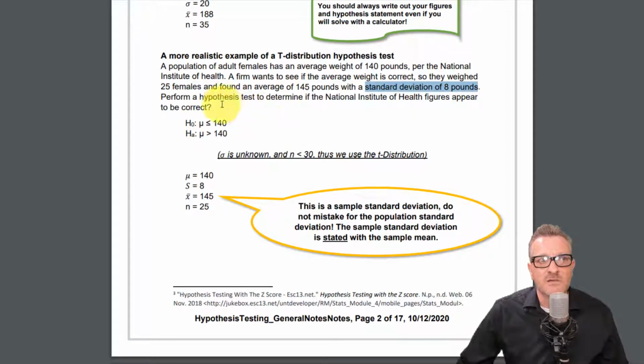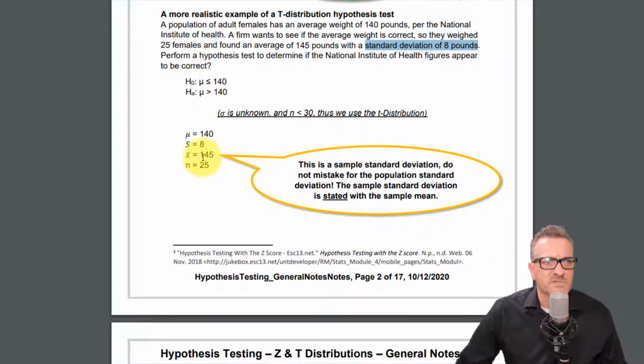So as we go through these hypothesis test examples, I'm going to point this out more and more because we have to be able to pull the parts out of the questions. Okay, so then I list out what we have: the population standard deviation unknown, big S for the sample standard deviation, X bar 145, that's the sample mean, and then n is 25.